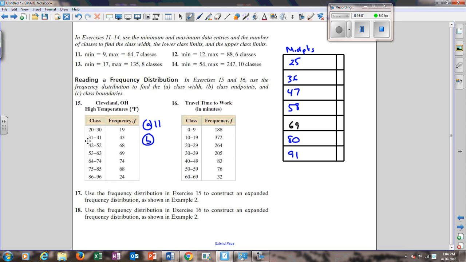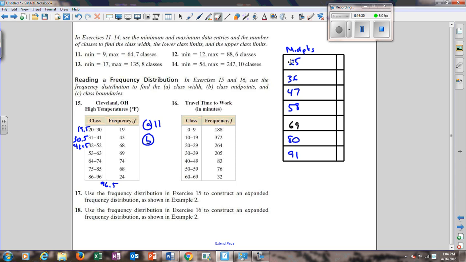Now, those are all your class boundaries. So you have to have 19.5 in the beginning, just so you cover that one. And then at the end, you do 96.5 too. So it's basically 19.5. Then you just go halfway between 30 and 31. It should be 30.5. Then 41.5. It's real easy. I think you get the point.